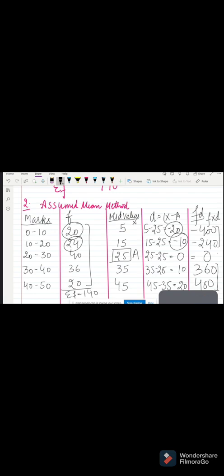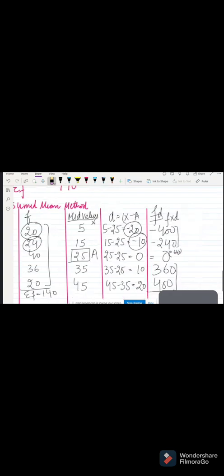So this is 760 plus, and the negative values are 640, minus items, and 760 is the positive one.